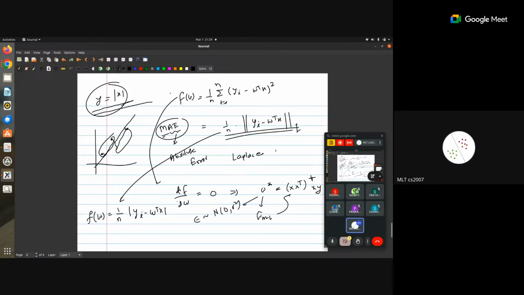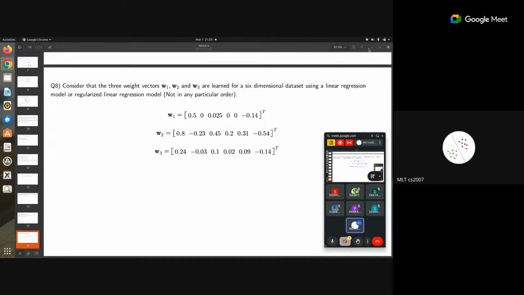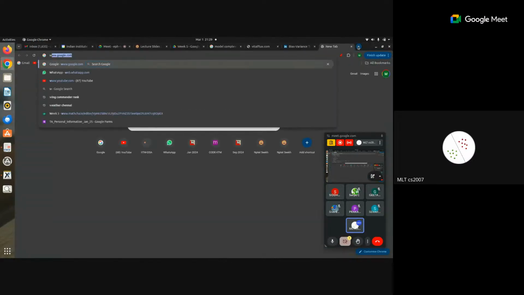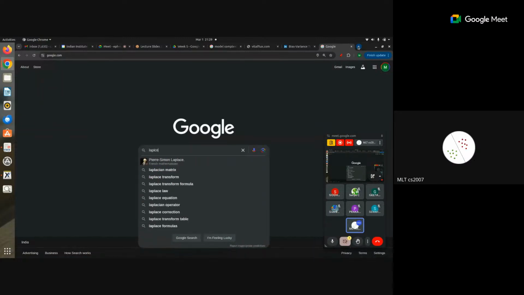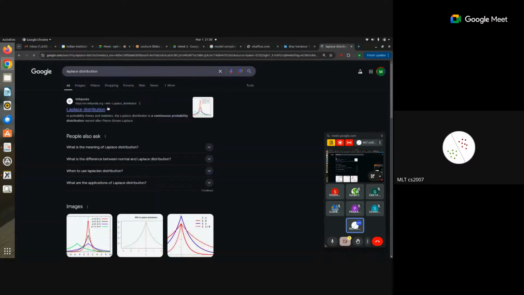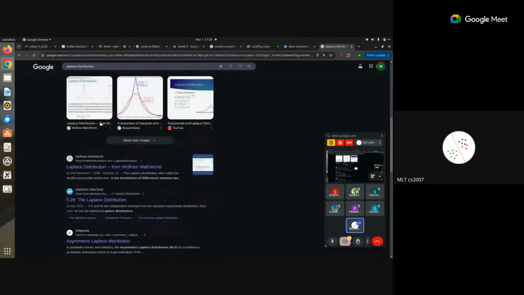Okay, Laplace noise. There is a distribution, let's search it maybe. I don't know exactly how it looks. Let's say Laplace distribution. It is a little bit complex.